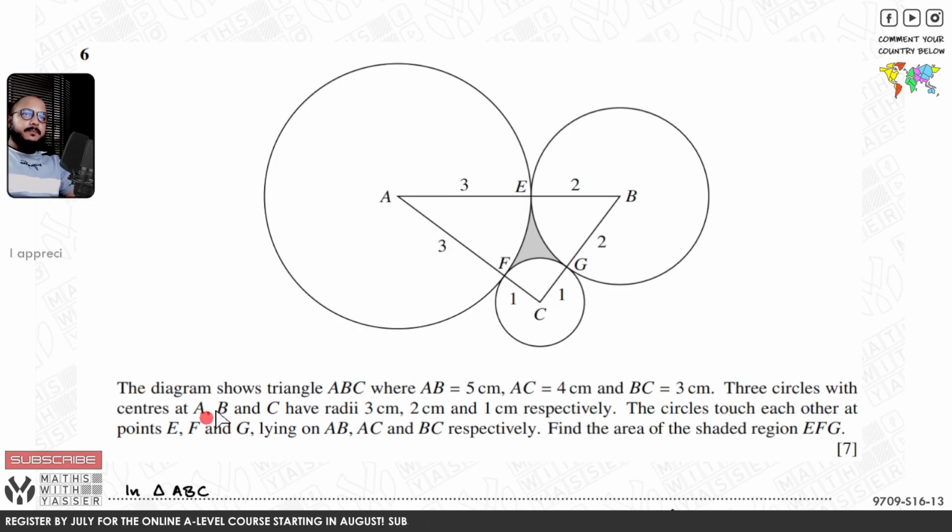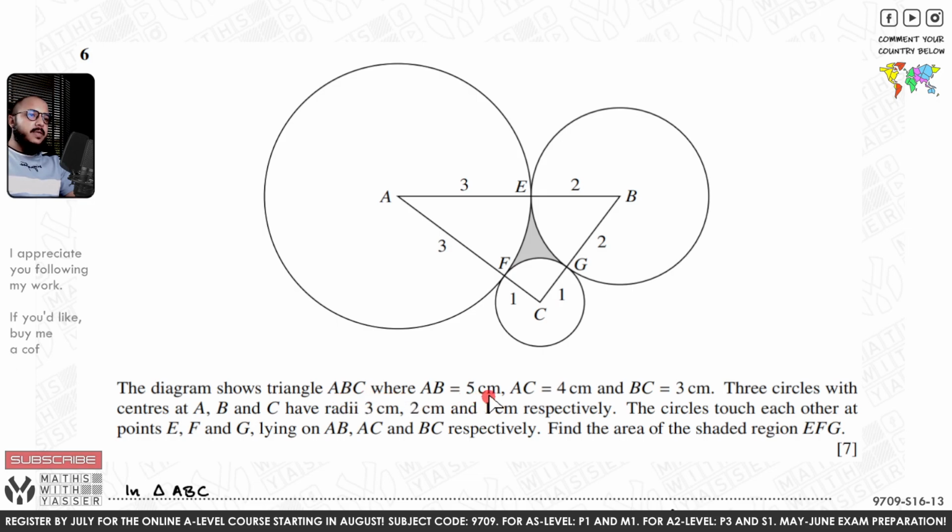Question number 6. The diagram shows triangle ABC where AB is equal to 5 centimeters, AC is equal to 4 centimeters, because 3 and 1 is 4 and 3 and 2 is 5, and BC is 3 centimeters. So this is 2 and this is 1. Together it's 3.